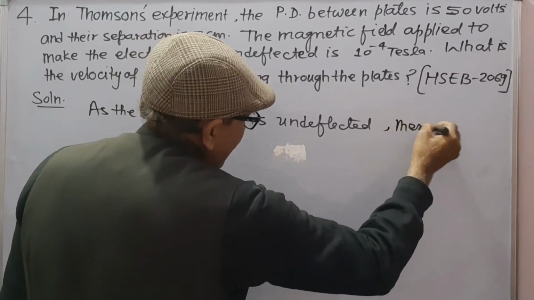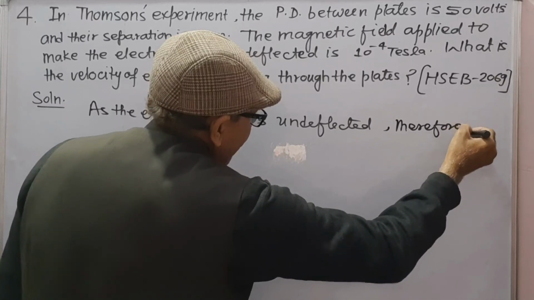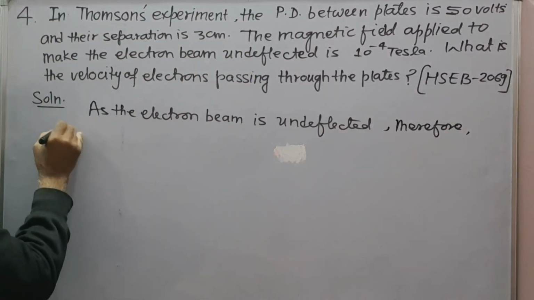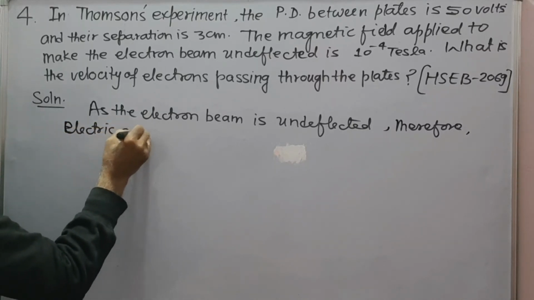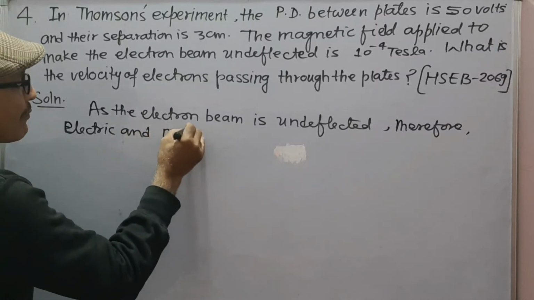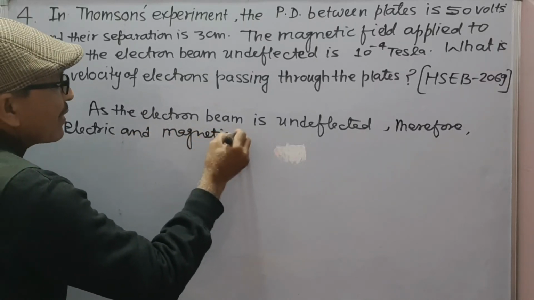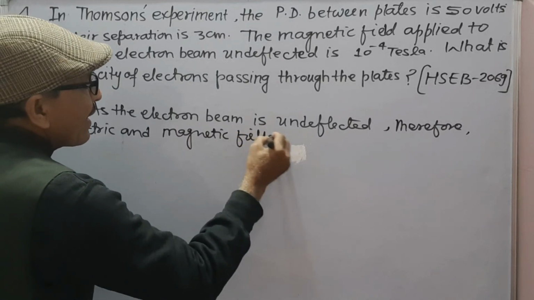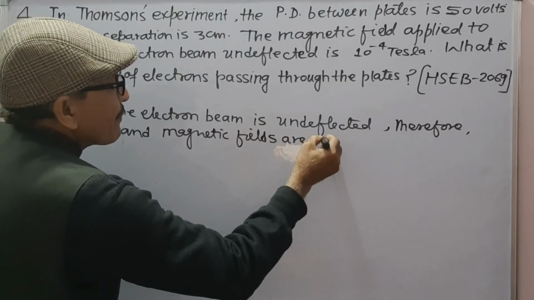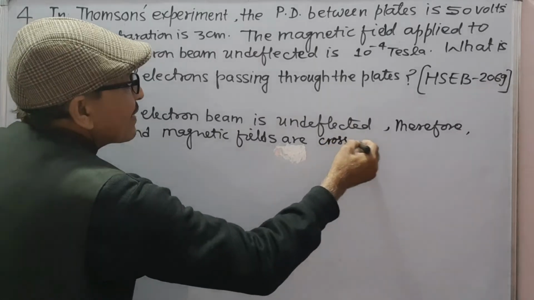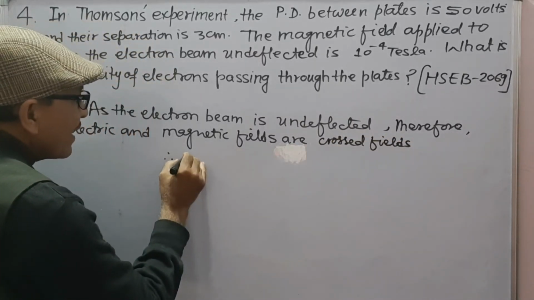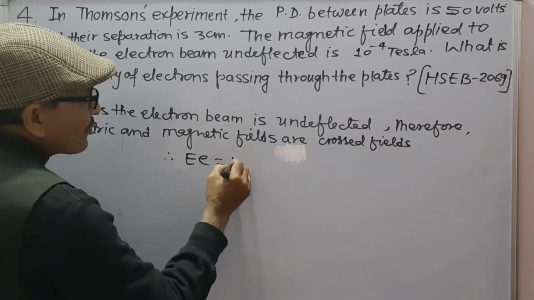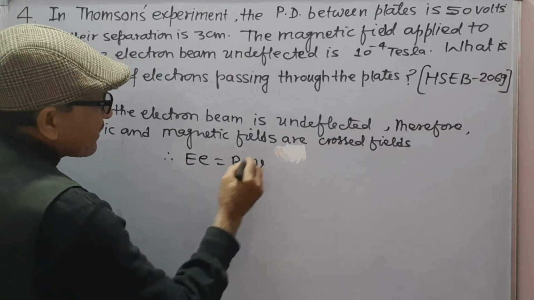Therefore, electric force on electron will be equal to magnetic force on electron.